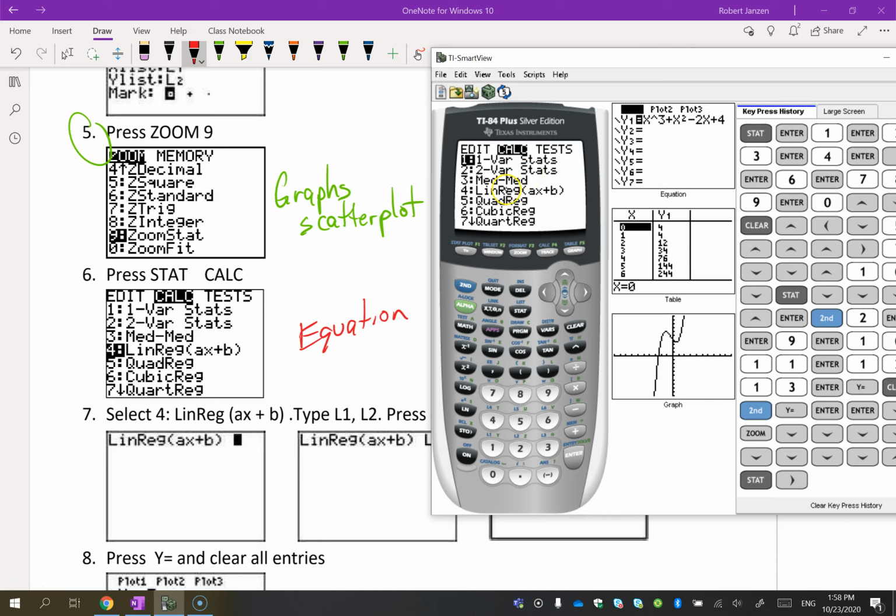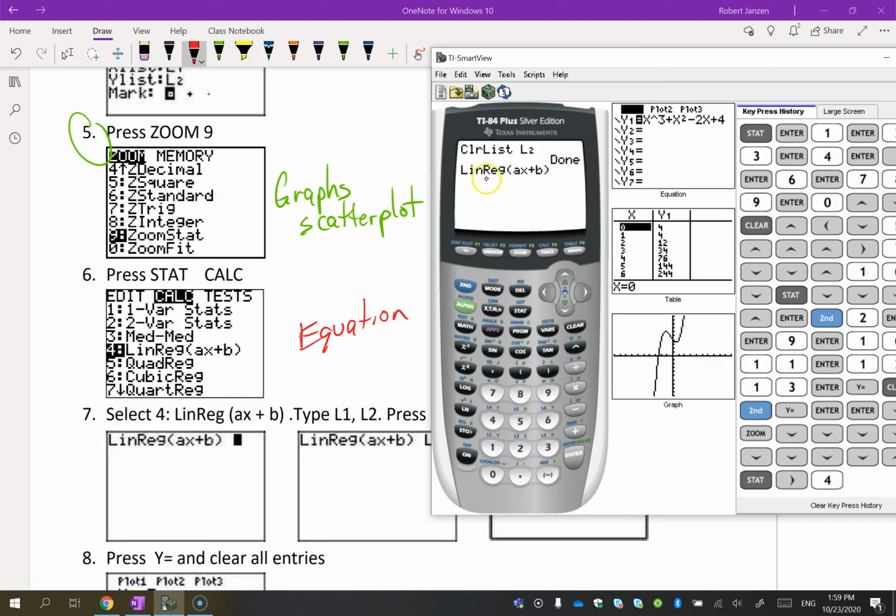Look at number 4. That's a linear regression, so that's a line. Number 5 would be quadratic, that would be the parabola, and number 6, that would be the cubic regression. In this case, you can see that it's a line, so I'm going to press 4.